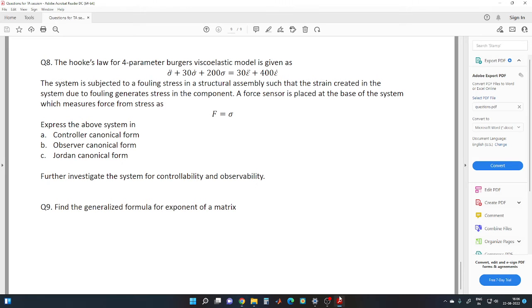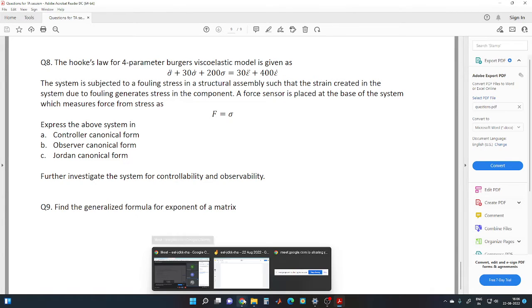So this is our problem statement for today. You remember the three parameter and four parameter viscoelastic models, right? Just for a review, the model we will be using today is the four parameter Burgers model, which is depicted by this diagram.